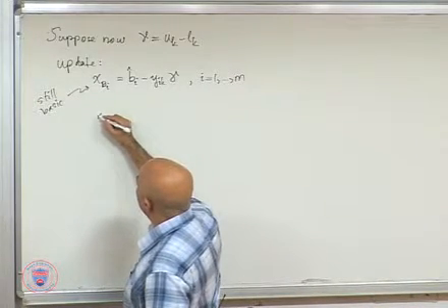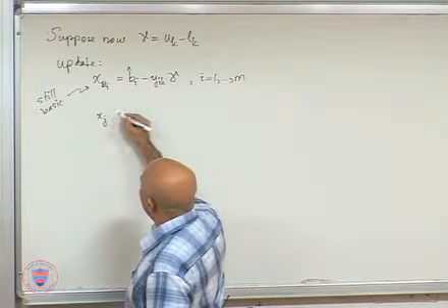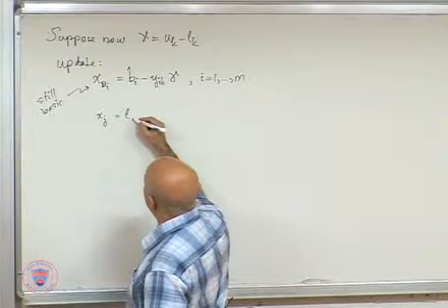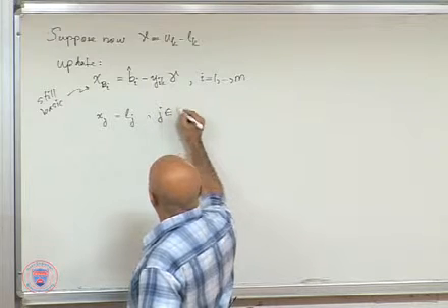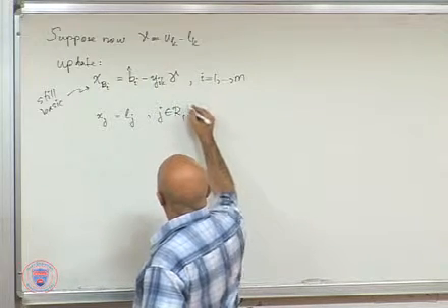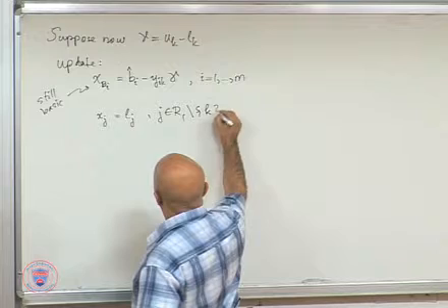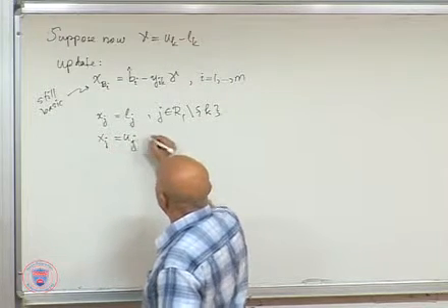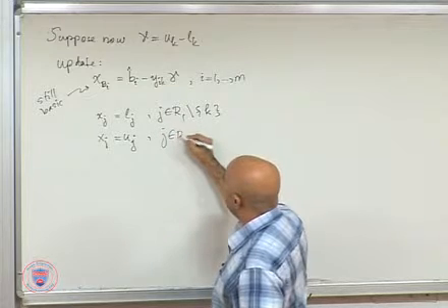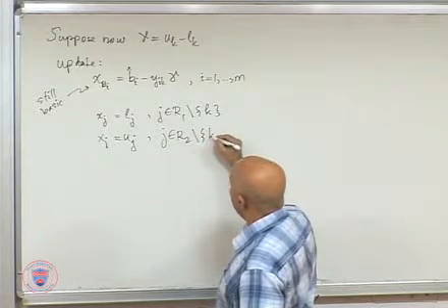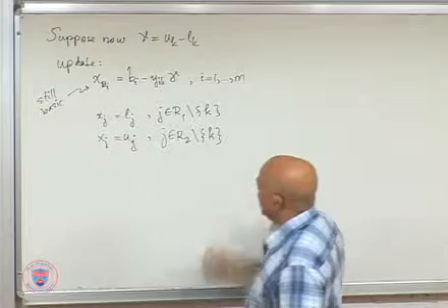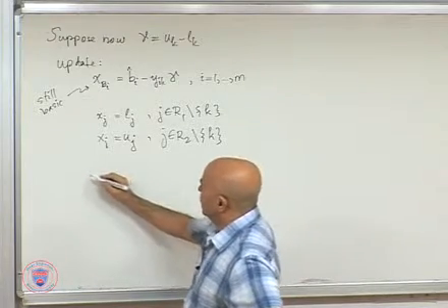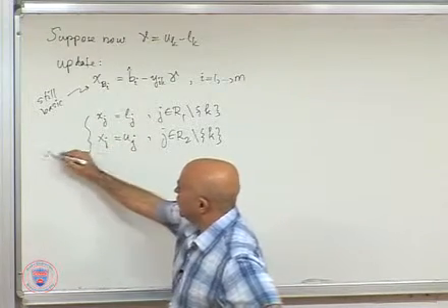The non-basic variables xj are at the lower bound for j in R1 except k. And xj are at the upper bound for j in R2 except k. And finally, these are still non-basic.